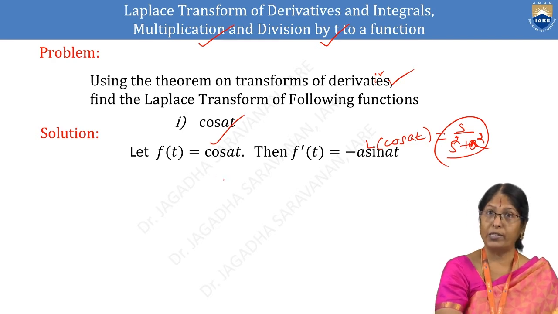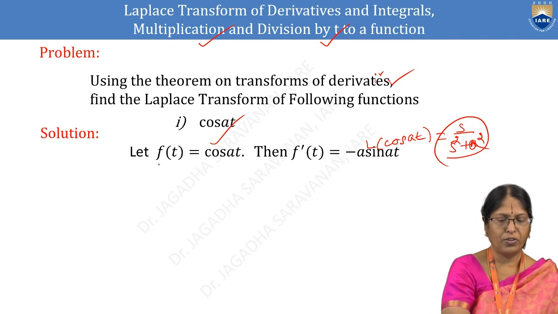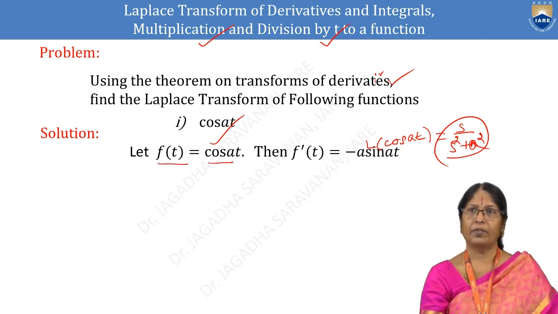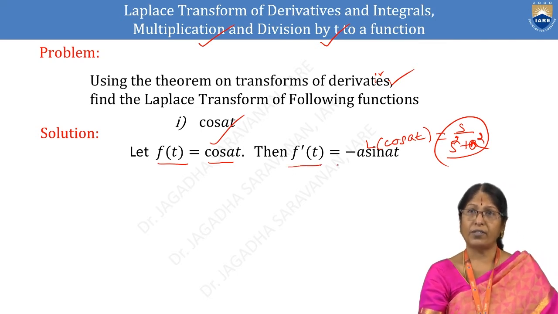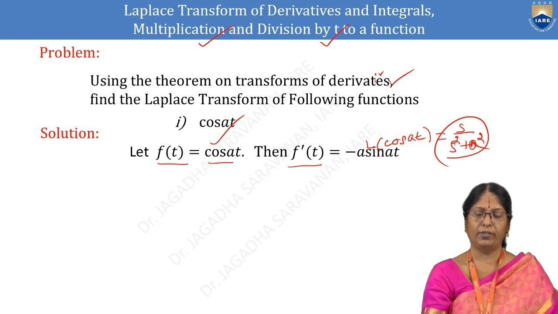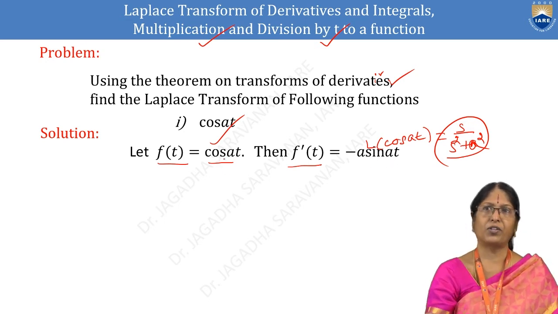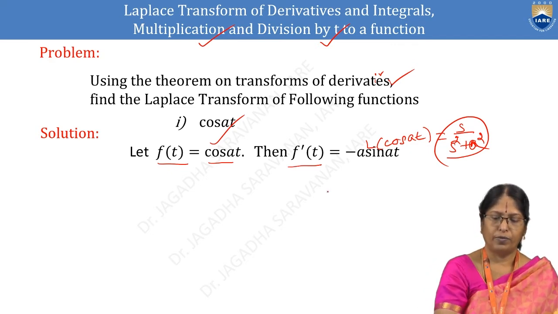Now let us see how to apply the derivatives. We are going to take f of t as cos at and find f dash of t, the first derivative of f of t. So for cos at, the differentiation is minus sin at.